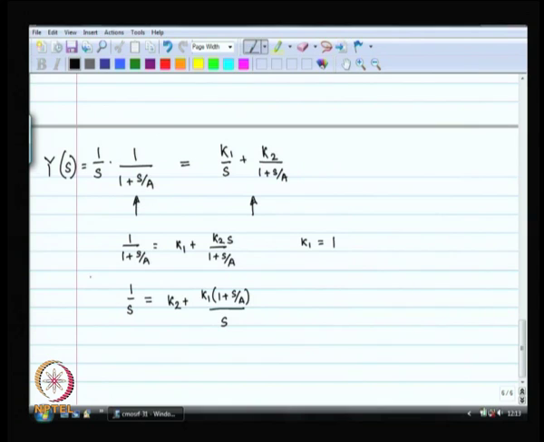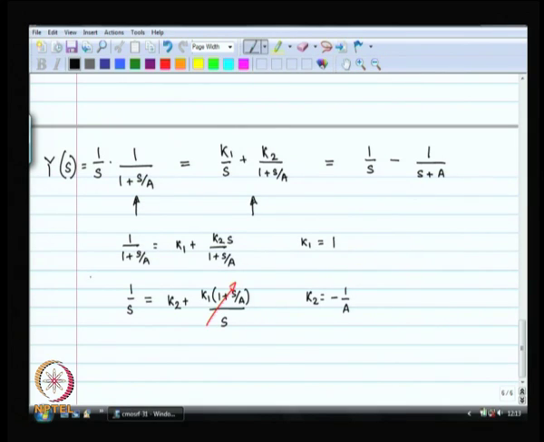And now plug in s equal to minus a. If s is equal to minus a, then the second term goes to 0 and K2 is equal to minus 1 by a. Okay, that is your partial fraction breakup.